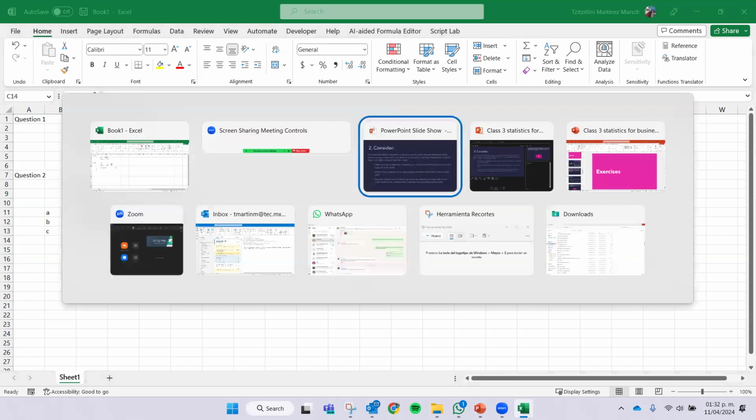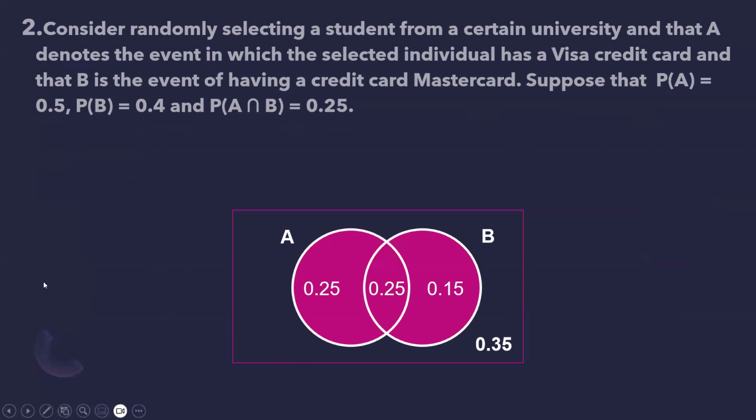So we'll go here. This is where I was talking about. The whole probability, this is 0.5, this is 0.5. If you sum 0.25 plus 0.25, it'll give you this 0.5. And 0.25 plus 0.15 is going to give us this 0.4. This is the intersect, the and, which is this 0.25.